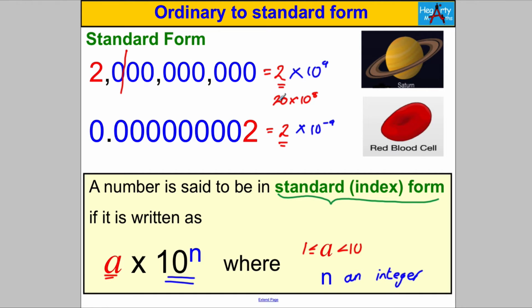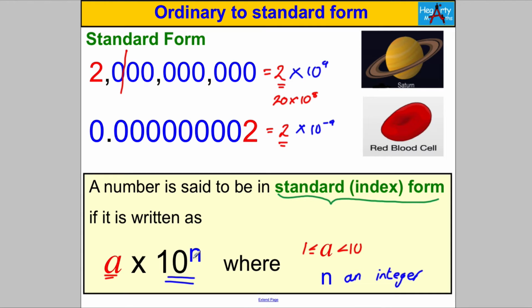Everyone across the world would be writing their numbers in different ways. So mathematicians have agreed to always have the first number between 1 and 10, and that way, if everyone across the world is using it that way, we can compare and understand our numbers, and hence the word standard index form. So it's really important, and we're going to see this later on, that that first number here is between 1 and 10, and n is a whole number.